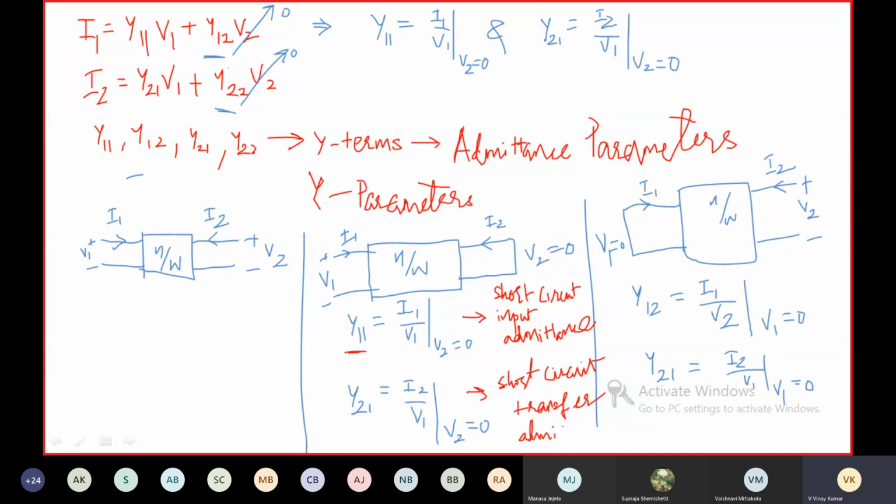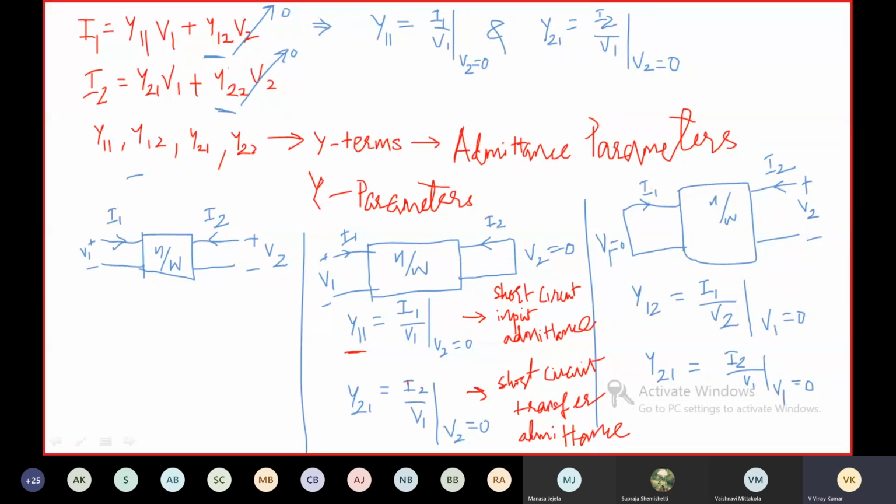Transfer admittance because it is the ratio of I2 to V1. Current at port 2, voltage at port 1. That's why it is called short circuit. Anyhow, by short circuiting port 2, you are getting this term, right? That's why it is called short circuit transfer admittance.